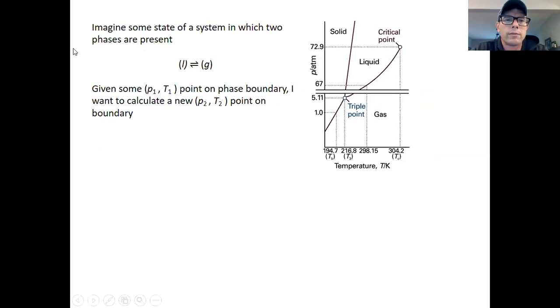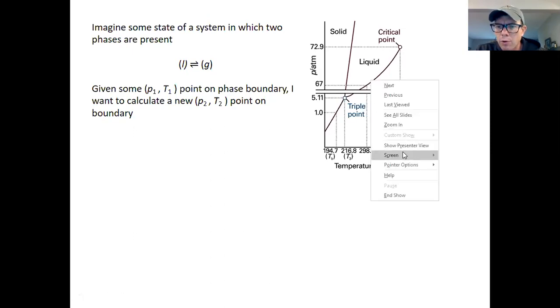We'll start here. Let's imagine some state of a system in which two phases are present in equilibrium. To try and give you a specific example, let's imagine a liquid-gas equilibrium. The idea is, given some P1, T1 point on a phase boundary. So if I have both liquid and gas present, I know that I'm at a phase boundary.